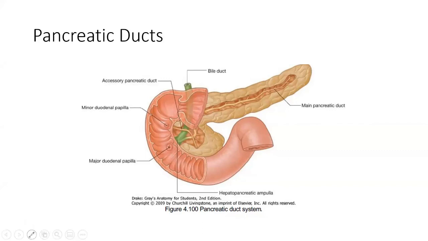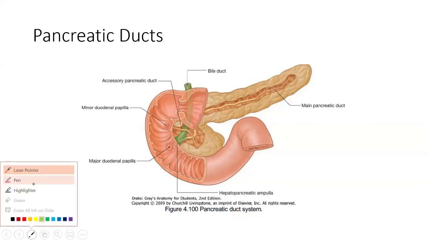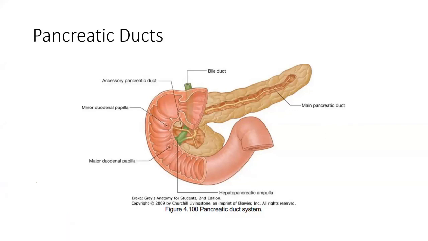So if we look at how this originates in the embryo, you have two pancreatic buds, from the ventral side, that is the anterior side, and the dorsal side.